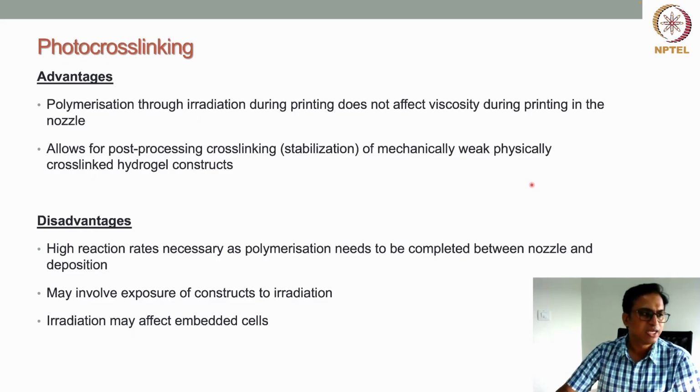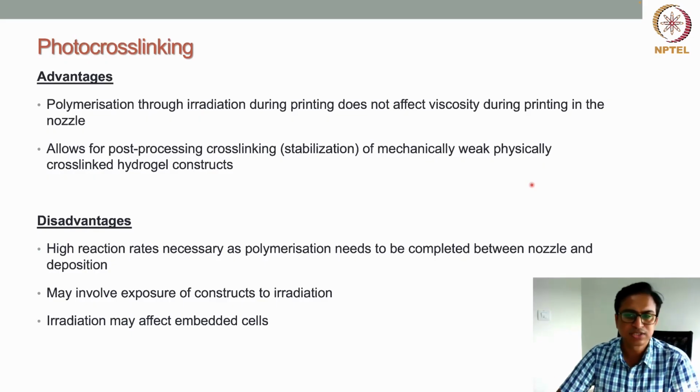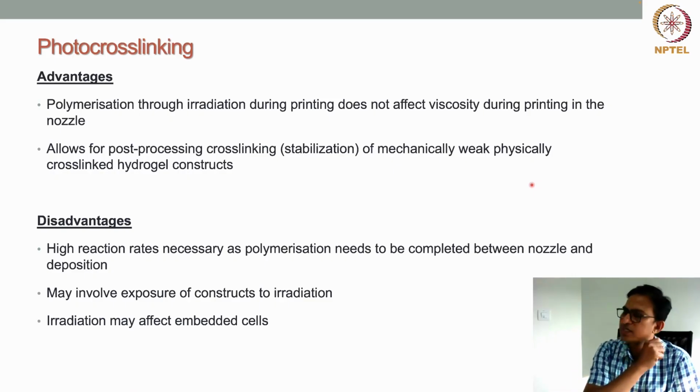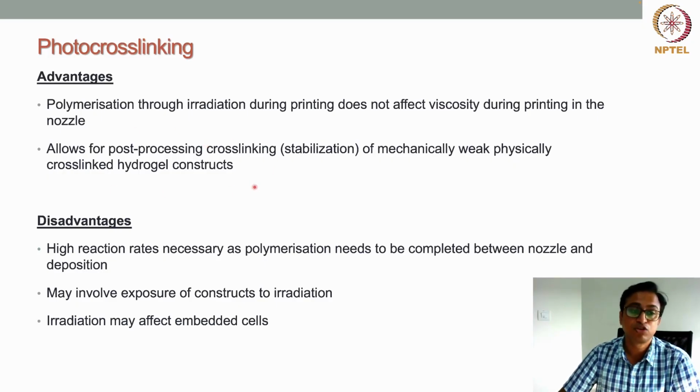Because as we have seen, in the case of physical cross-linking, the structure we get after printing may not be mechanically very strong or stable. So to improve the mechanical property or structure stability, post-processing photo cross-linking can be utilized. That is another advantage.